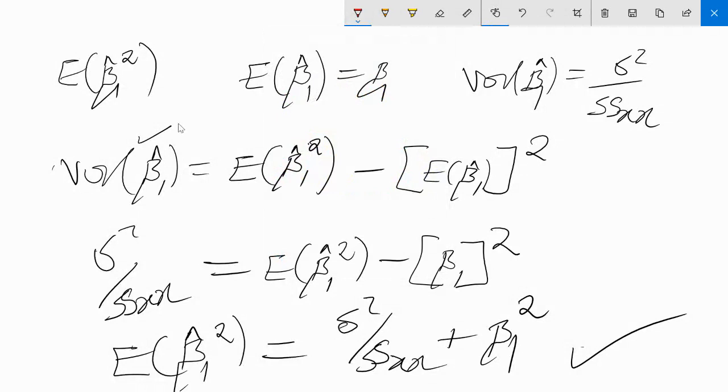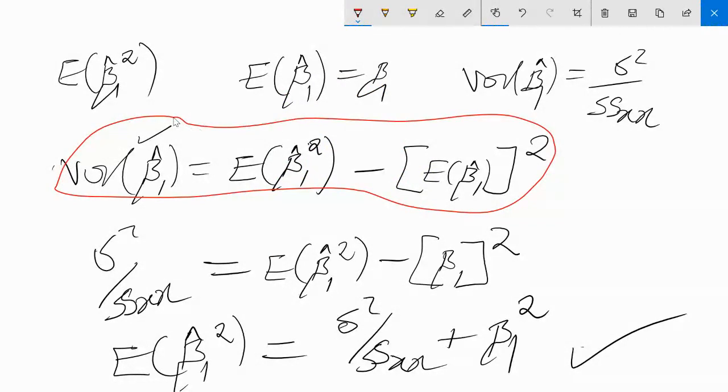The second line. We are here, right? After getting the expected value of beta 1 hat squared, there is the expected value of beta 1 hat all squared. But then on the third line, it's only beta 1.